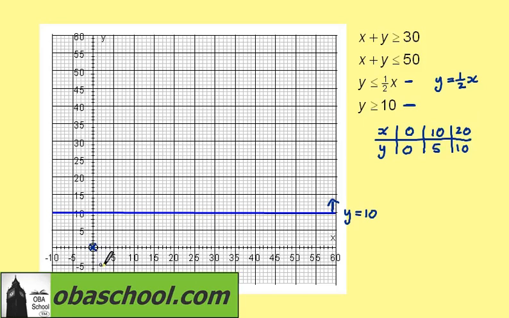So plot (0, 0), (10, 5), and (20, 10). We need a straight line which is solid and goes through all of these points. Don't forget to label the line.